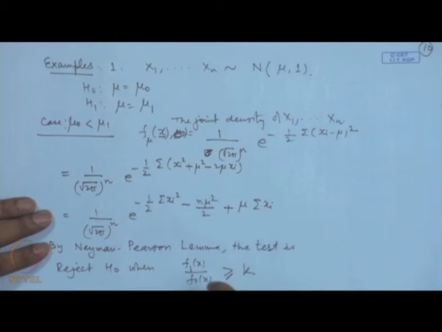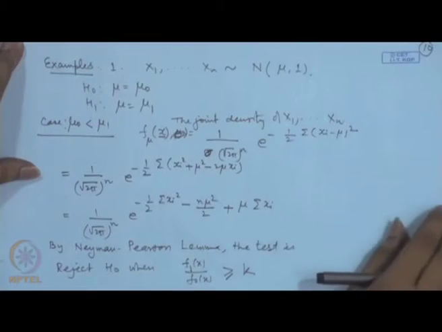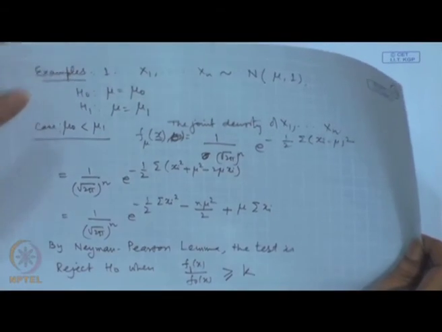We may put greater than or equal to, or greater, it will not make any difference in this case, because the distribution of x is continuous here. We are dealing with the normal distribution. So, the middle part of the phi function which we give in the Neyman Pearson lemma is not required in this case.